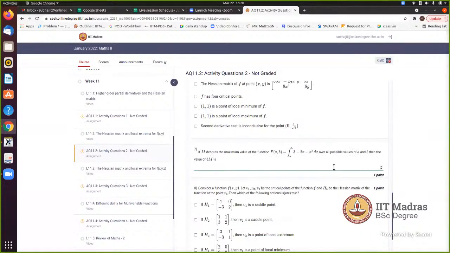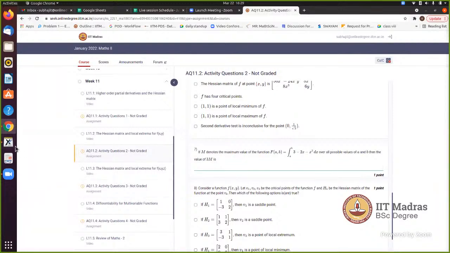Sir, I found the integration and I got the value of a as -3 and b as 3. Is it right? I don't get how to solve this problem. Okay. So basically, you have to find the maximum value of the function. So first of all, you have to find the function.